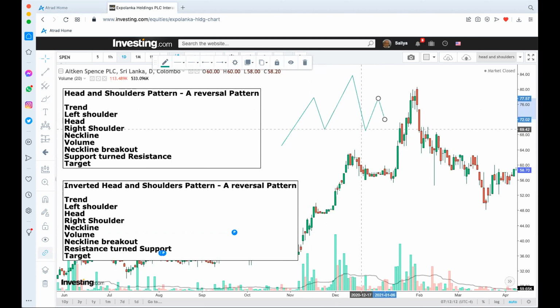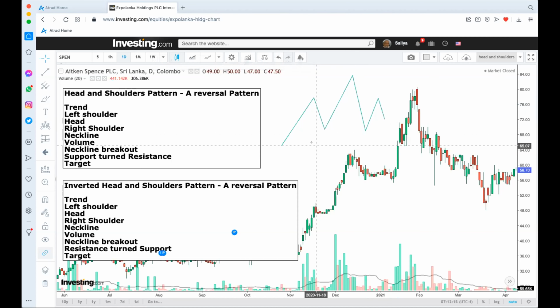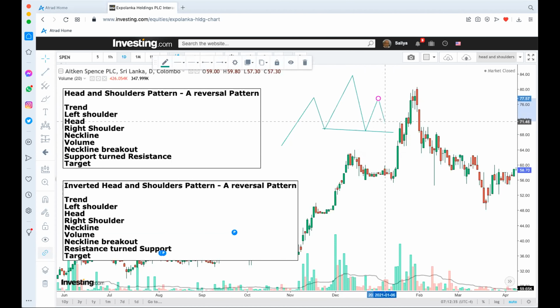By using these two swing lows, we draw a line called a neckline, which is in fact a support area that we join, like this. Now, head and shoulder pattern confirmation happens once this pullback comes to this level and breaks it.